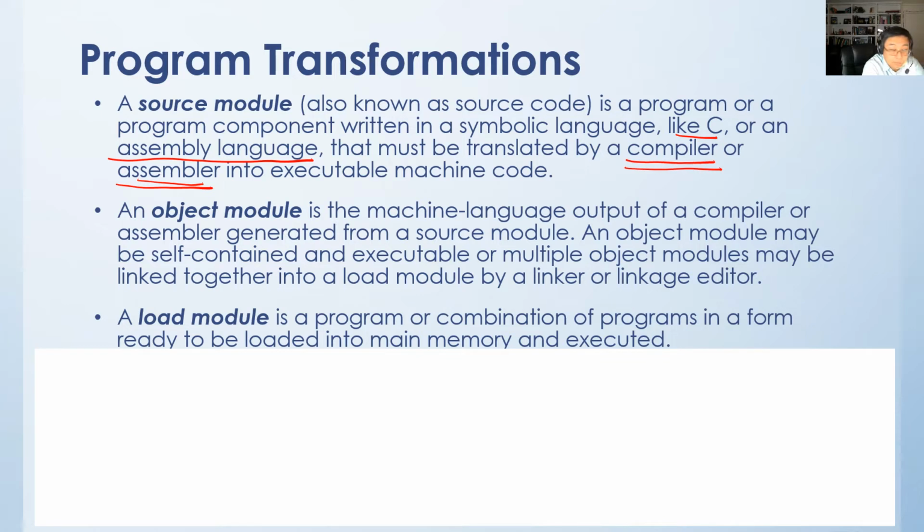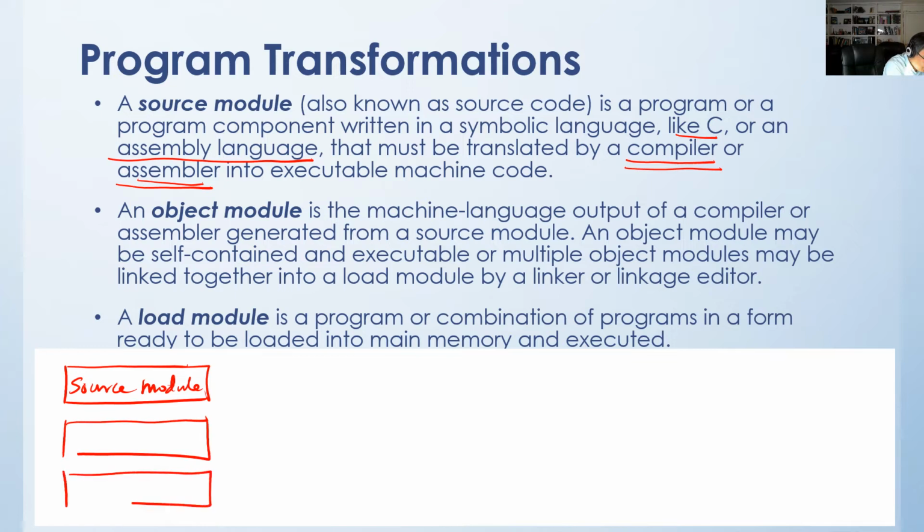Okay. So for each program, we may have to create source modules. One program may contain a couple of source modules. I call them source module 1, source module 2, source module 3.